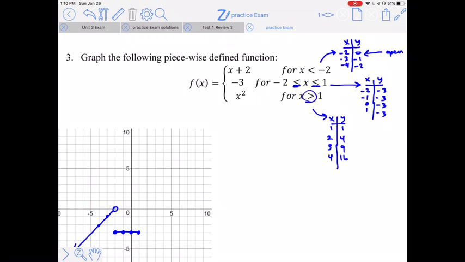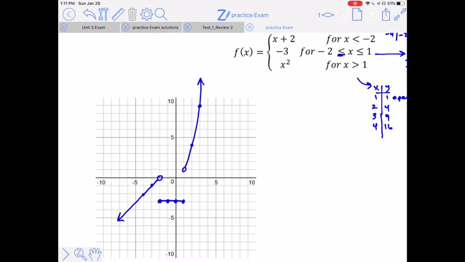And because this is just a greater than and not a greater than or equal to, this has to be an open circle at 1, 1, and then 2, 4, and then 3, 9, and 4, 16 would be off the graph. So that's a portion of a parabola right there. This right here is the complete graph of the piecewise function.